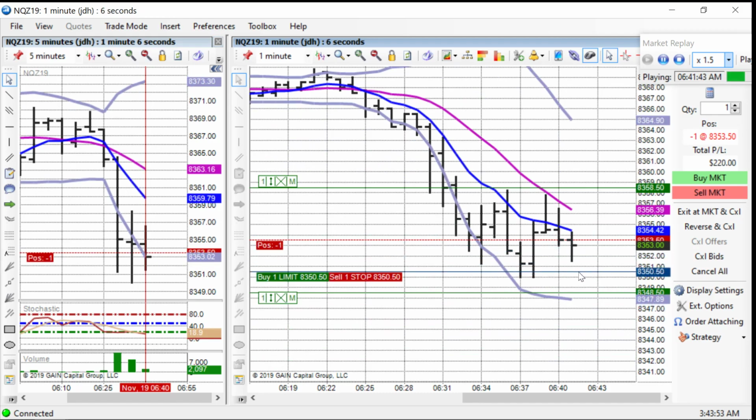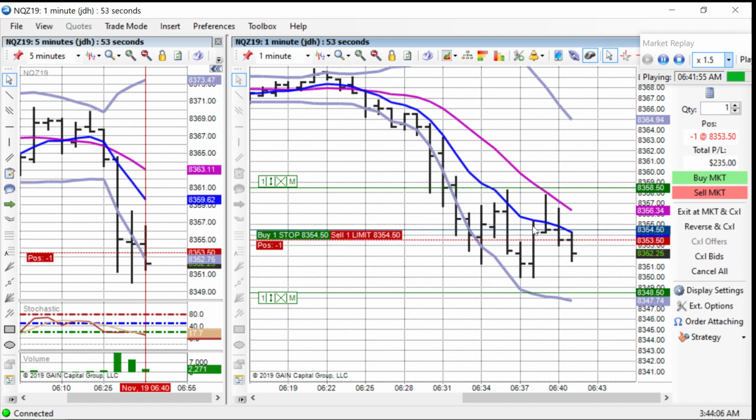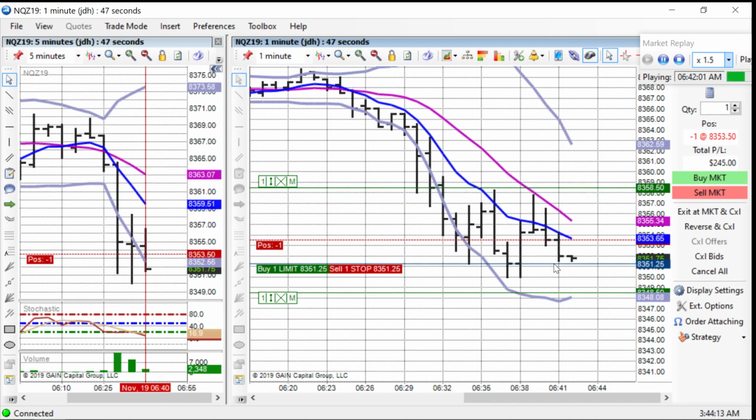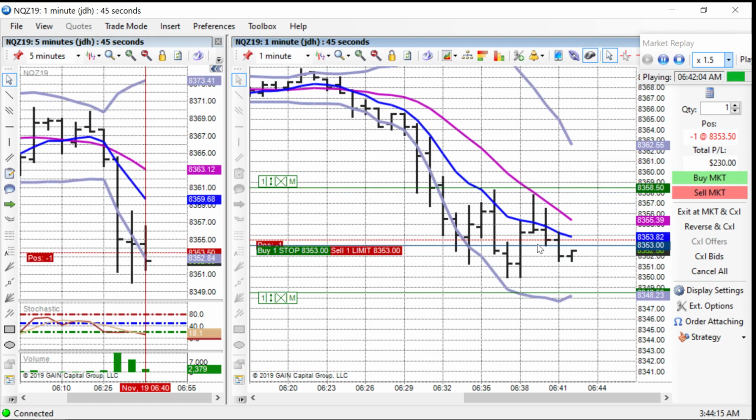If it hits here, I'll go ahead and take my trade out of risk. The quicker I can do that, the better I feel. I don't like being at risk for very long. So right now I'm at a $100 risk, or a 5-point stop loss. Each point is worth $20, so that's a $100 risk right there.